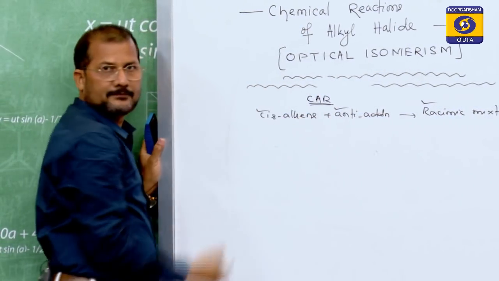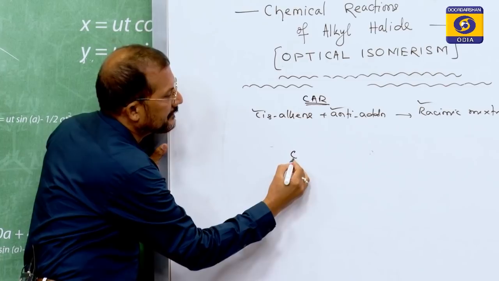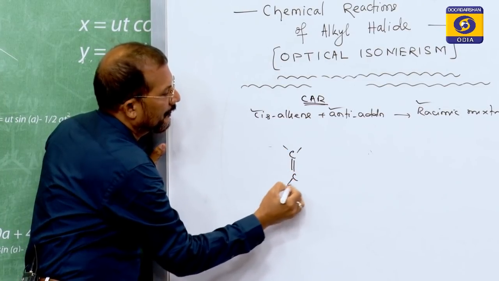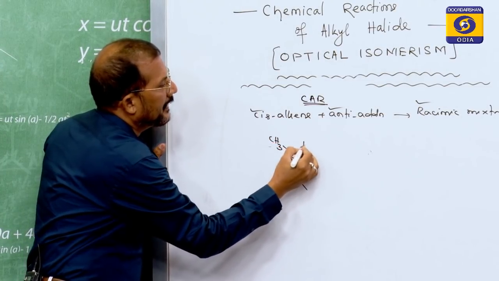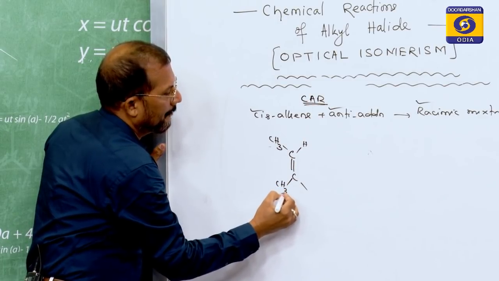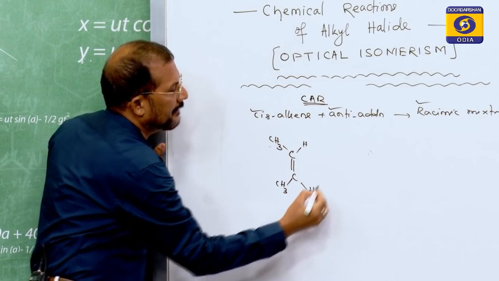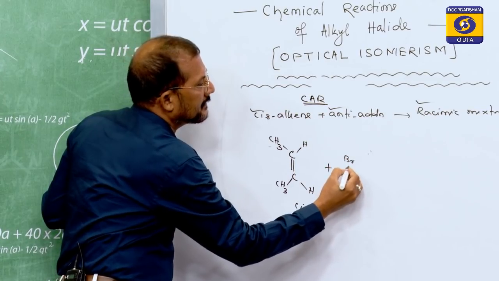Cis alkene is this: CH3, H, CH3, H, this is a cis alkene. Anti addition is done by bromine.